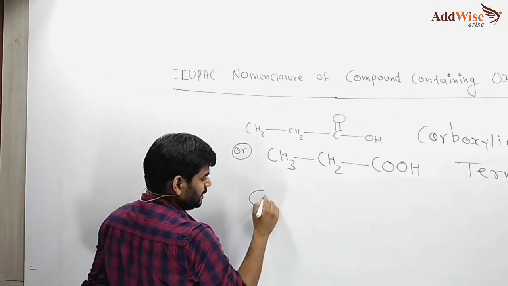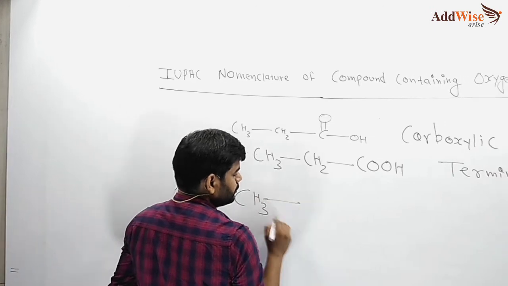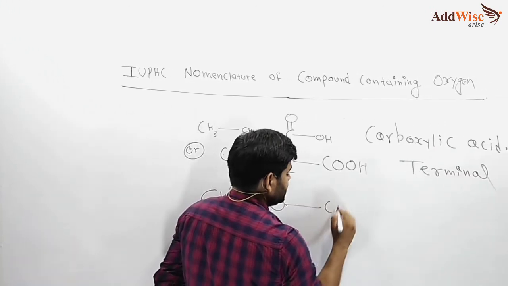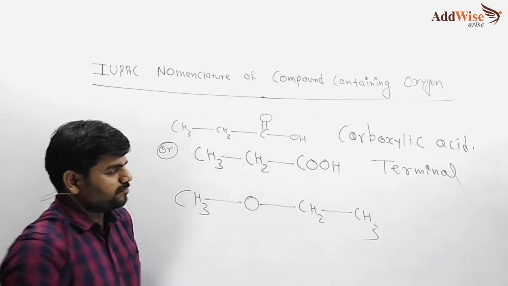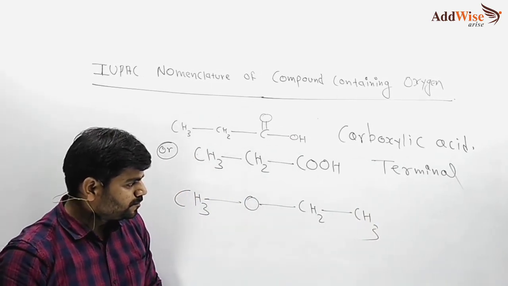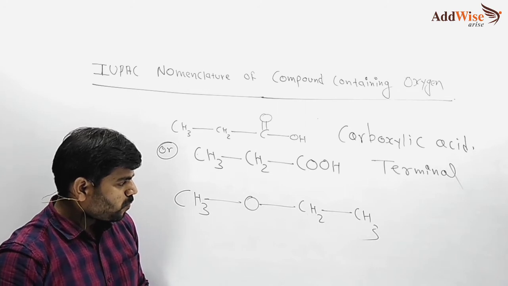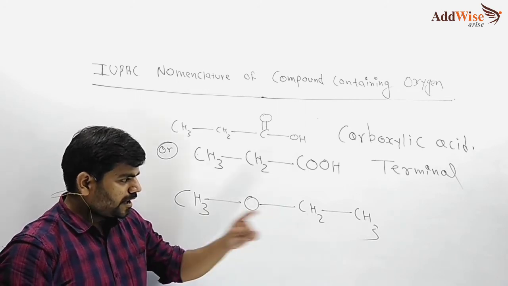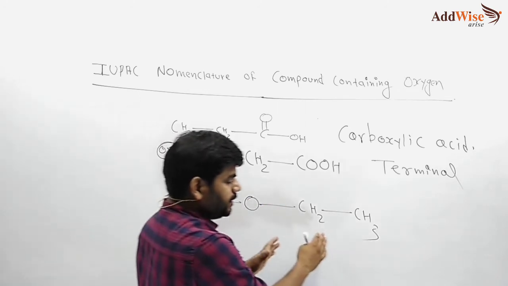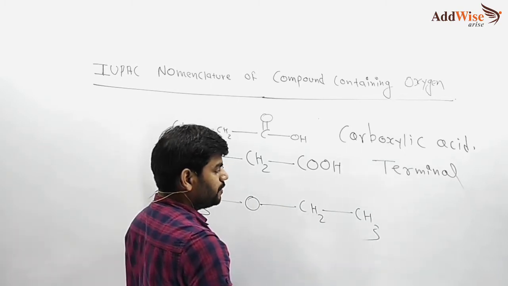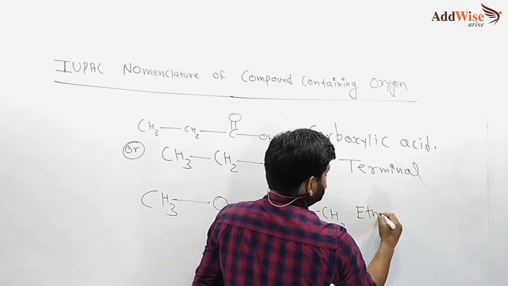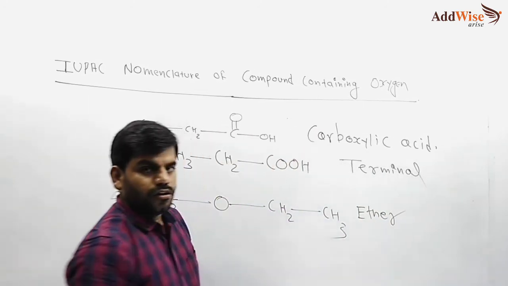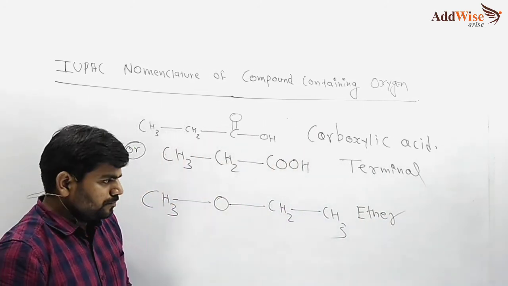Now let's take one more example, students. Suppose I have a compound like this: CH3, oxygen, then CH2, CH3. Can you identify this functional group? Sir, you have written single bond O single bond, so it is an ether. Yes, exactly. This compound is an ether.